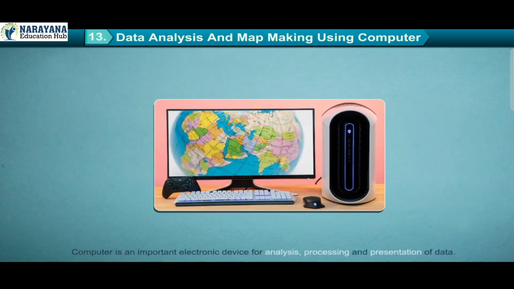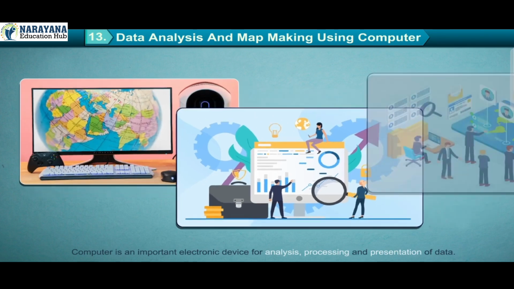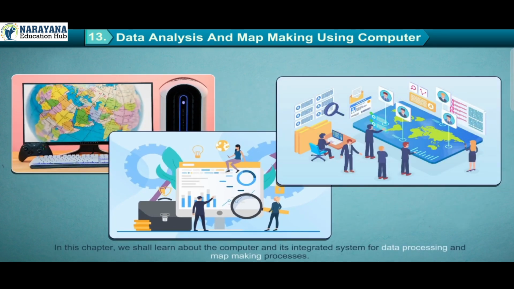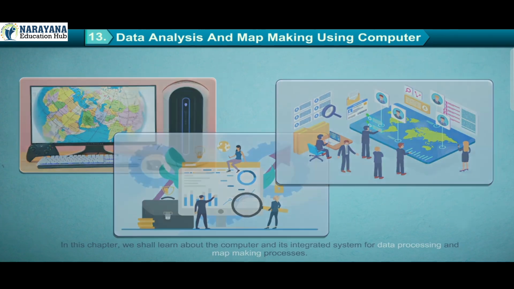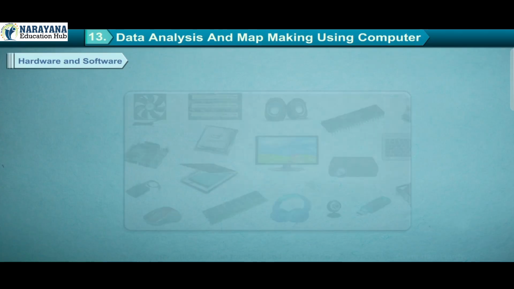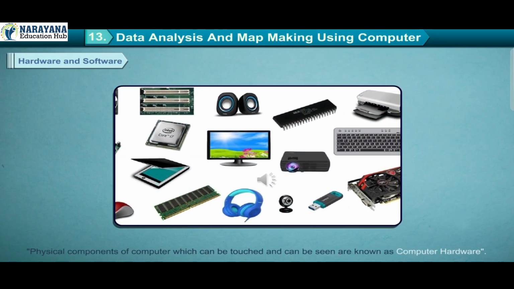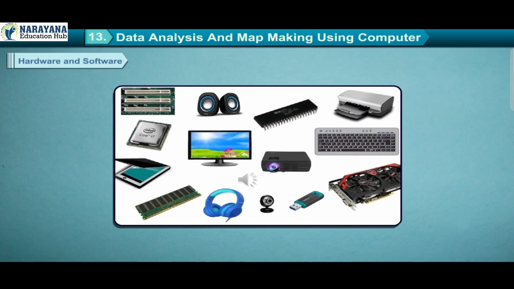Computer is an important electronic device for analysis, processing, and presentation of data. In this chapter, we shall learn about the computer and its integrated system for data processing and map-making processes. Hardware and software. Physical components of computer which can be touched and can be seen are known as computer hardware.